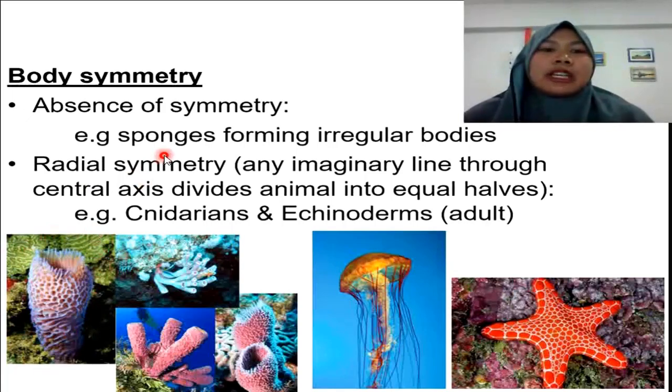Sponges have an irregular body. Some animals show radial symmetry. Radial symmetry is any imaginary line through the central axis that divides the animal into equal halves. For example, those in the phylum Cnidaria and also Echinodermata. Here the example is the jellyfish, while this is an example of an echinoderm from the phylum Echinodermata, which is the starfish.